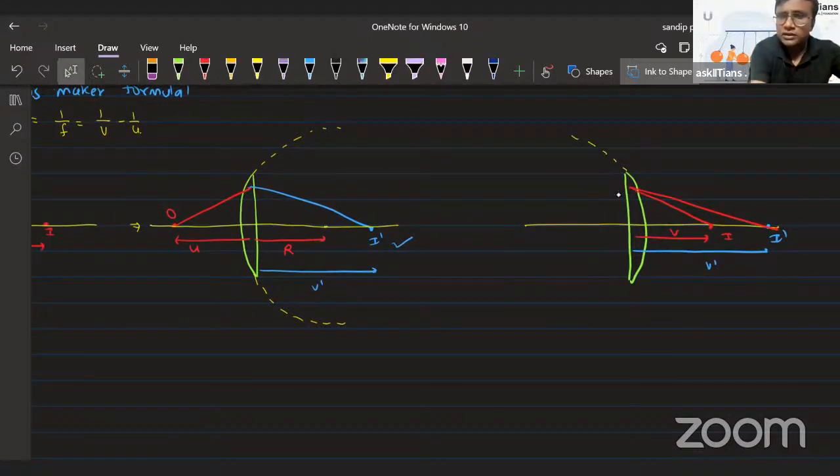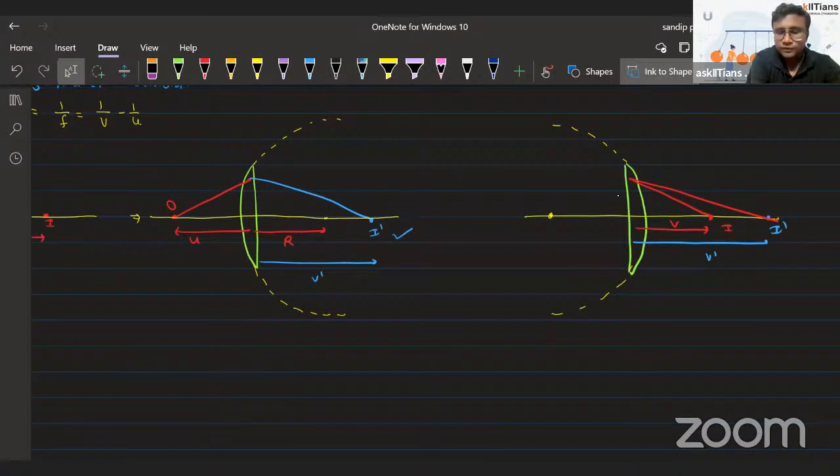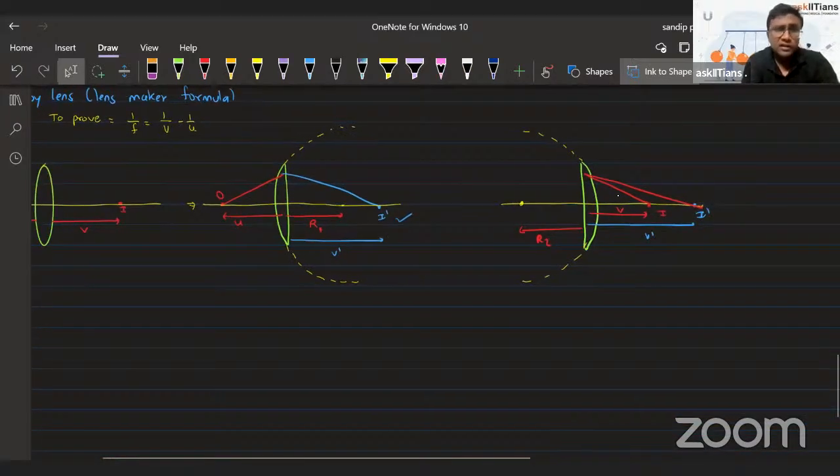Again, if you draw the imaginary sphere, we'll get the center of curvature somewhere here. And on this side, I can say this one will be the R2. So this is R2. Obviously, the first part we have is the R1. Right?